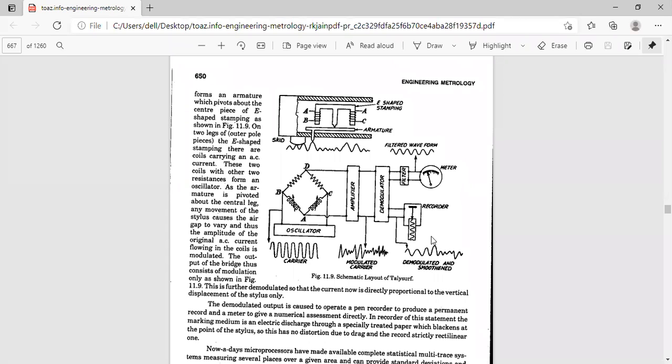So we can have a permanent record of the surface irregularities for that particular test specimen or machine surface, and we can record it just like you are recording the graph on a UTM for the tensile test and compression test. And here you have a meter to give the numerical assessment directly. The numerical assessment of the surface finish can be known by the average meter.